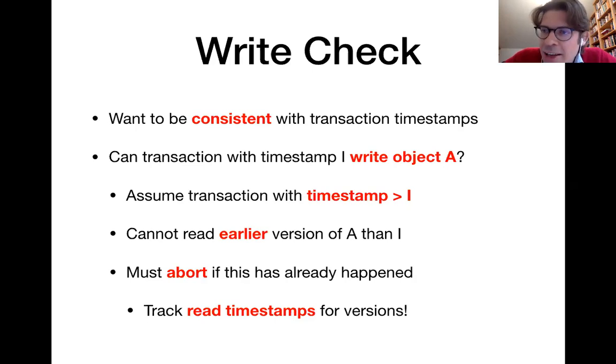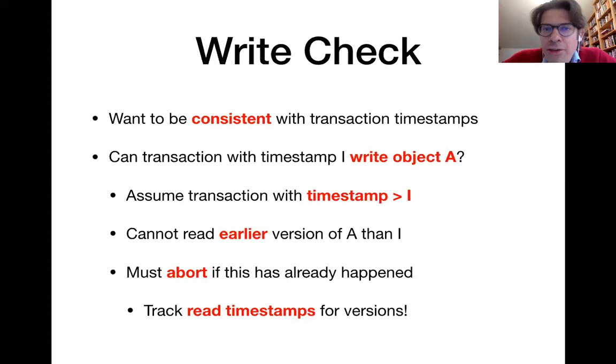So here, basically, if we find out that there is currently a transaction with a higher timestamp than I, and that transaction has already read object A, then we must abort the checked transaction, because if it had written the object at timestamp I, then the later transaction would have read that value or a later one.